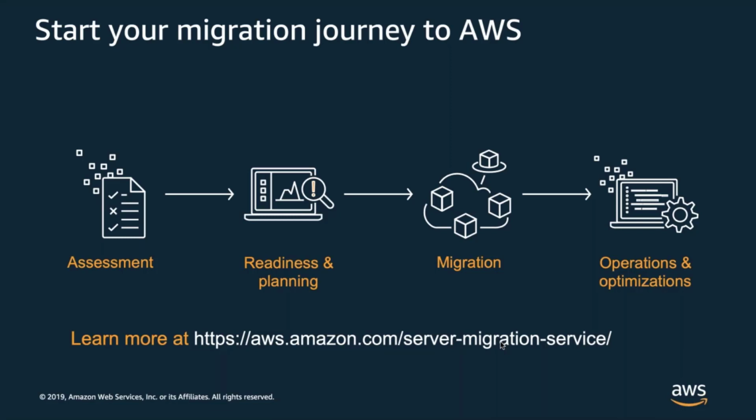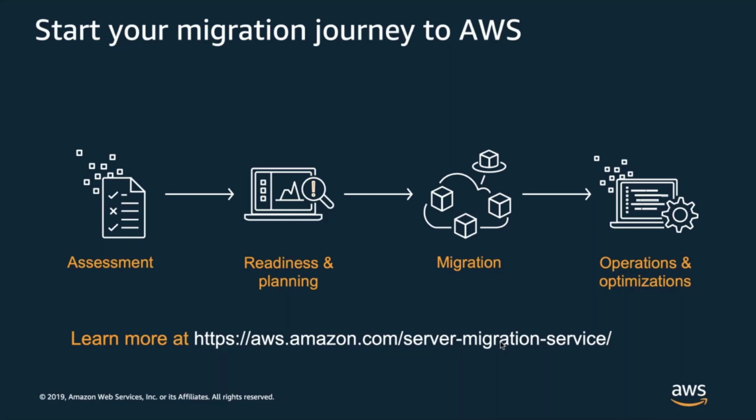Also, we understood some of the best practices on how to use Server Migration Service and various features which are available for application migration, AMI encryption, scheduling, specifying your landing zone information. So this service makes it fast and easy for you to manage large-scale migrations. So whenever you have a need of agentless migration, you can start using AWS Server Migration Service.